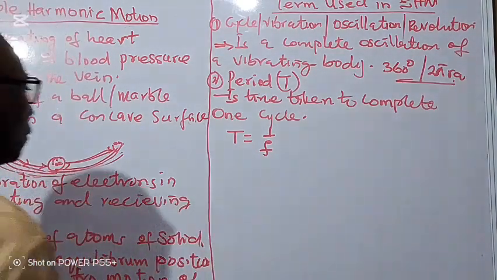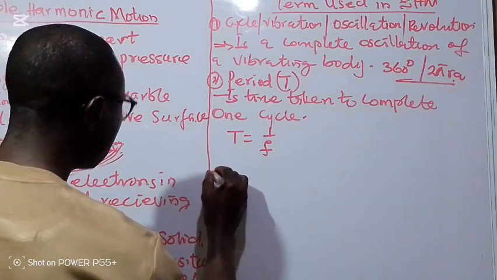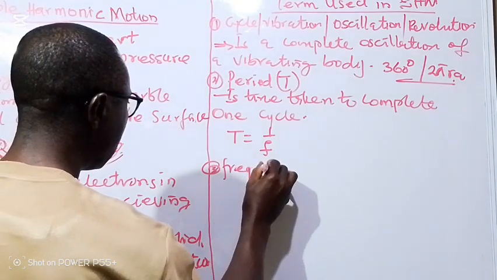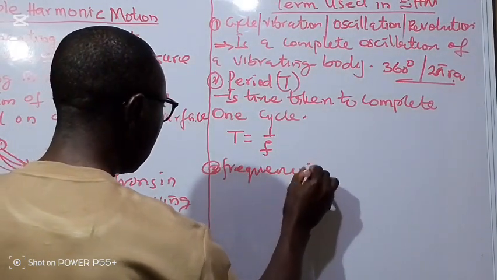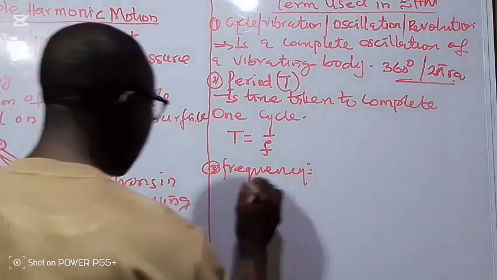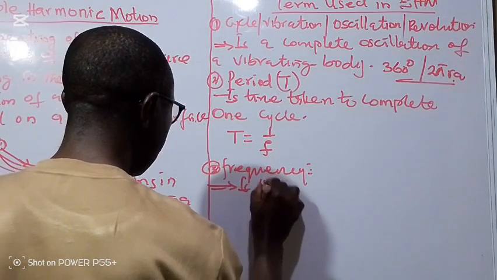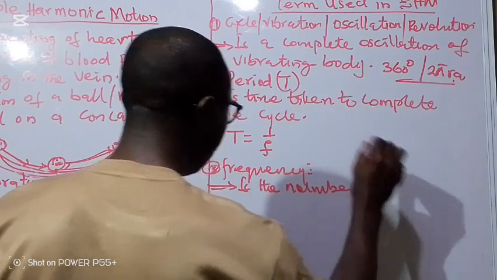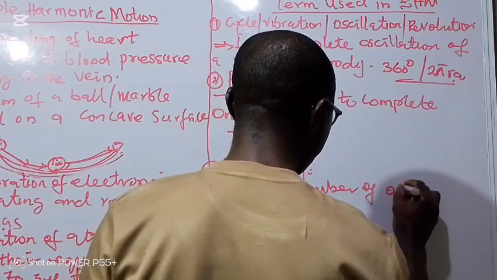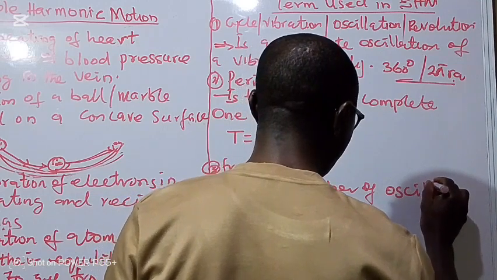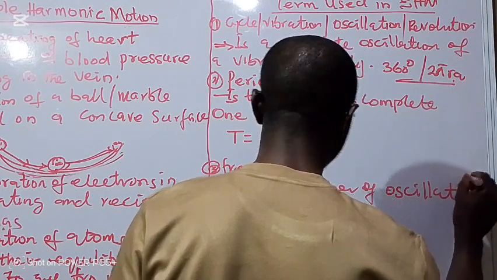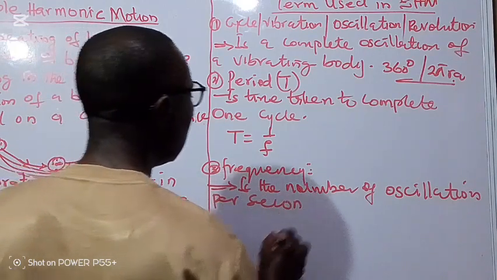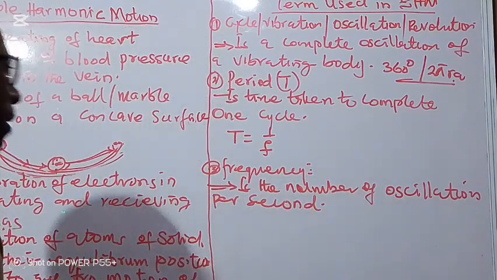And the next we are going to is frequency. That's number 3, frequency. When you say frequency, this is the number of oscillations per second.